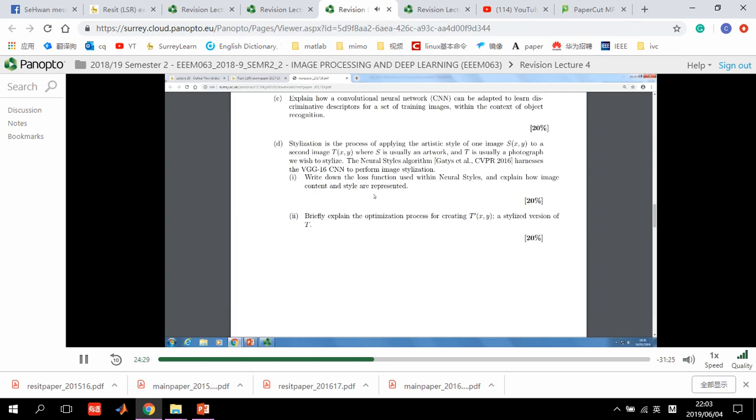So the goal then of neural style transfer is to come up with a modified version of my input image, which we call T. So let's call the modified version of it T prime.